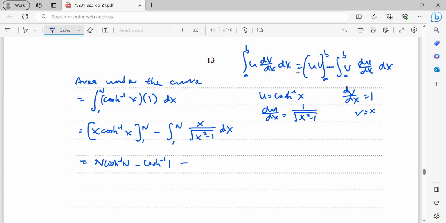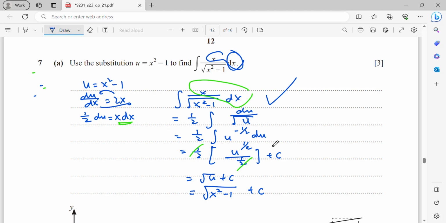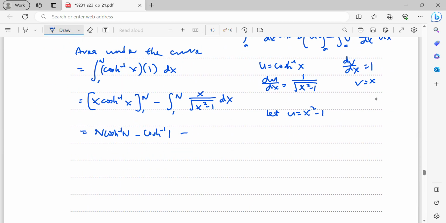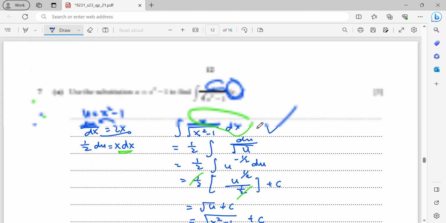Then minus, when I integrate this, I have to apply another substitution method. So let u equal x squared minus 1. Actually, you have done this part already, which is here. Exactly the same. So I will just write down this result, square root of x squared minus 1. No need to apply this anymore.